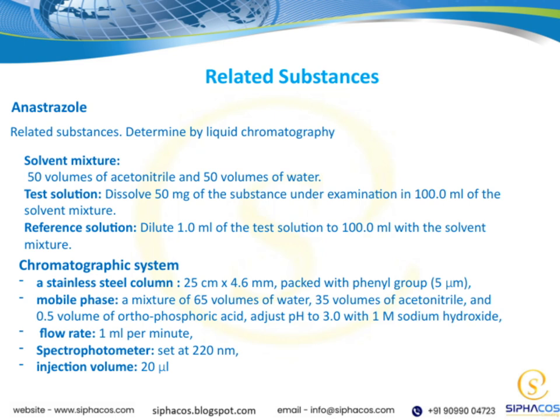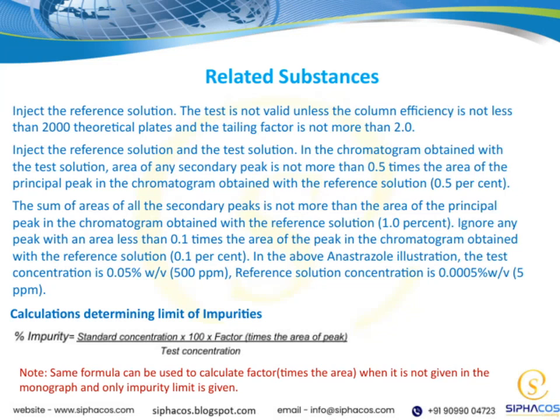This method allows us to detect and quantify any impurities or related compounds in the anastrozole sample, ensuring its purity and quality. Now, let's look at how we can calculate the limit of impurities when the area factor isn't directly provided in the monograph. The same formula applies here, just adjust based on the impurity limit given.